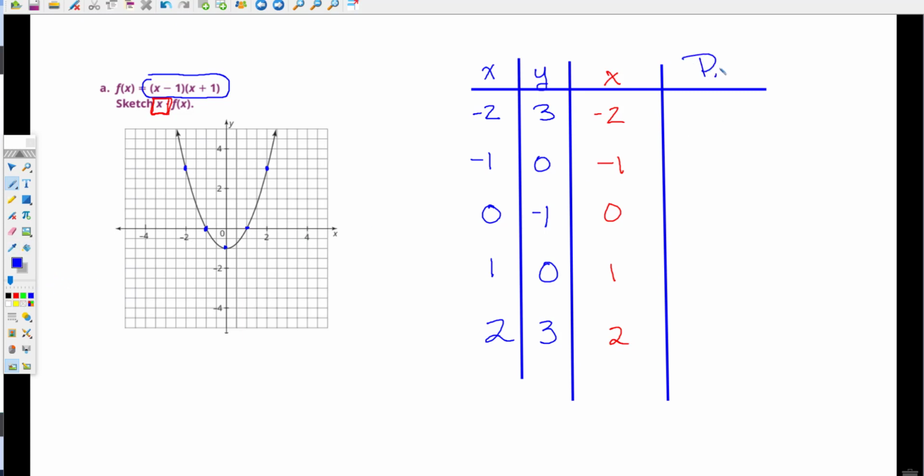Then we're going to find the product, which means that we are looking at finding the product between the x and the y. So what is 3 times negative 2? What is 0 times negative 1? What is negative 1 times 0? What is 0 times 1? 3 times 2. And so let's go ahead and go graph this.